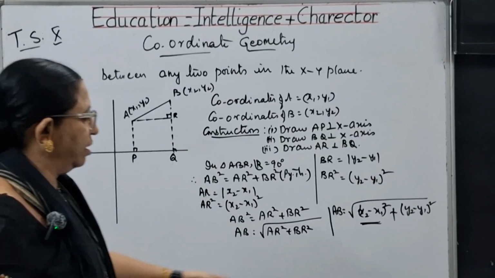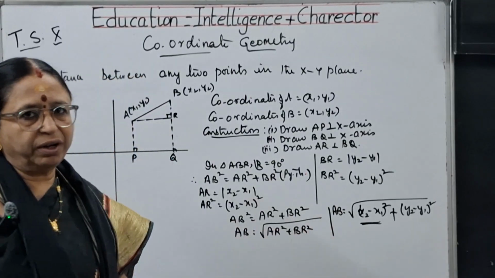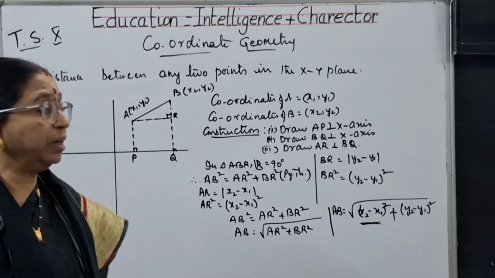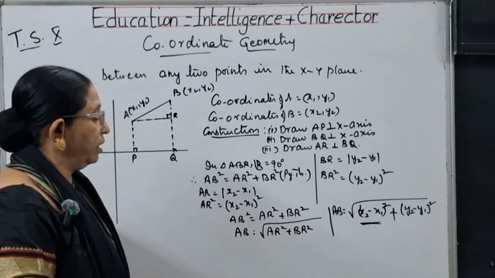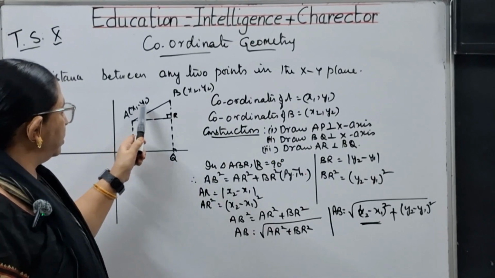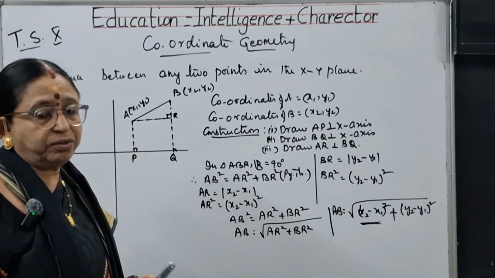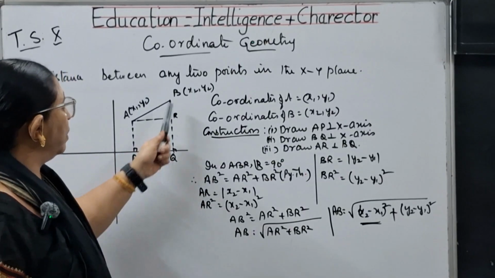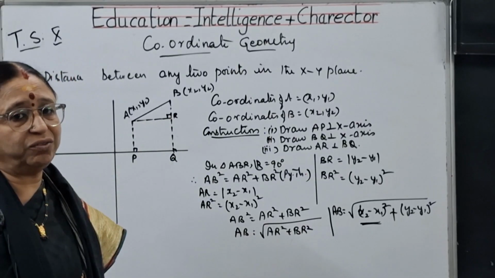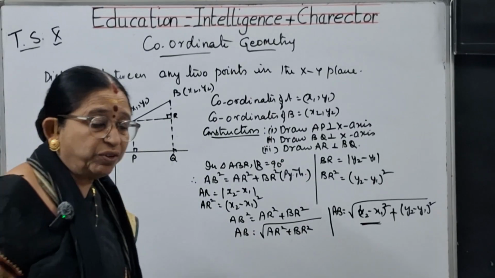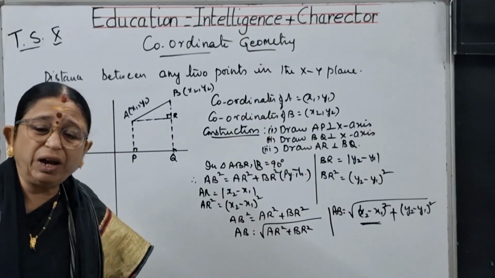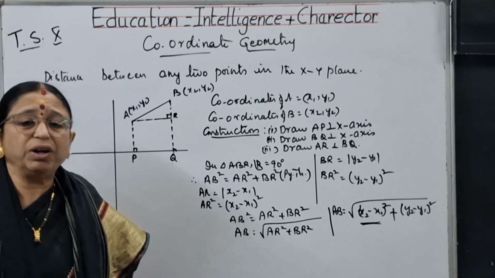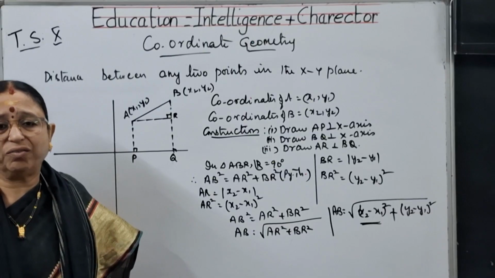We call this the distance formula for any 2 points which are lying on the x and y plane. Here A has its own coordinate values, and B has its own coordinate values. In the earlier case where we studied, we had one equality, if you remember, either the y coordinates are equal or the x coordinates are equal.